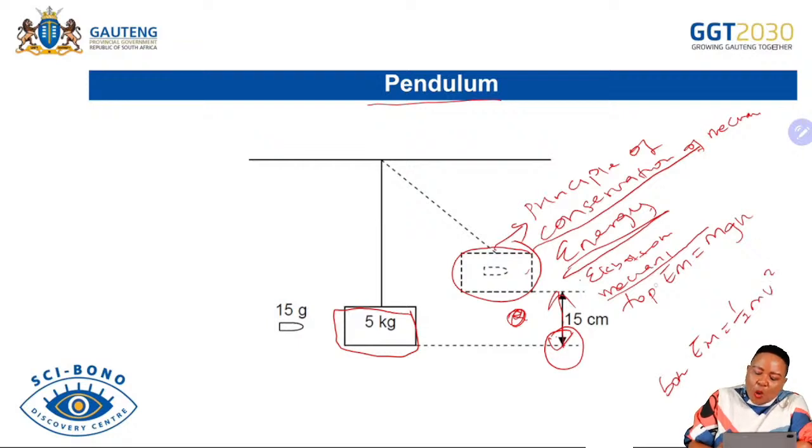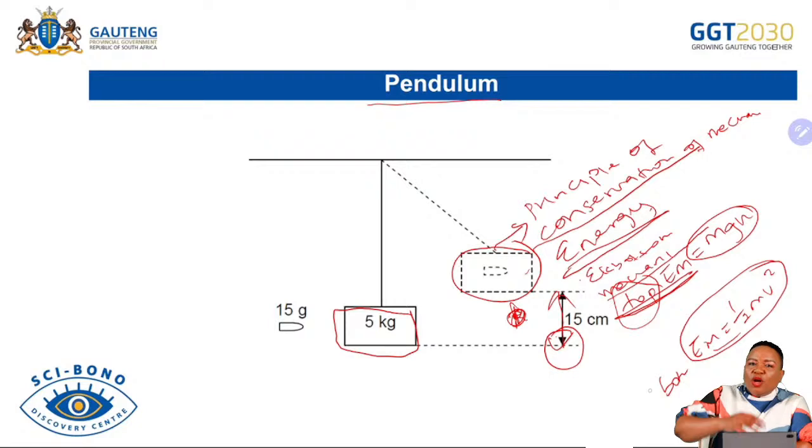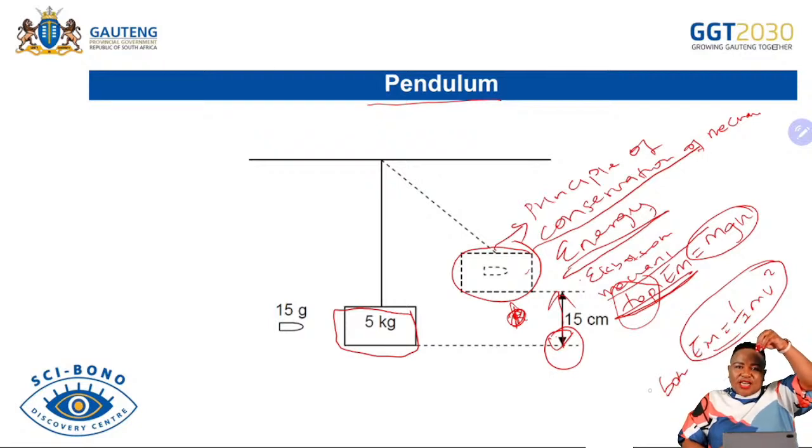At the top or somewhere halfway, we have both EK and EP. But when we are at rest, we have only gravitational potential energy. When the object is dropped, at the top before it's dropped, it has gravitational potential energy.